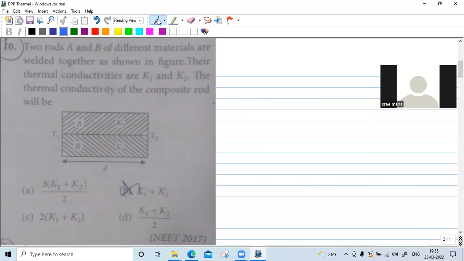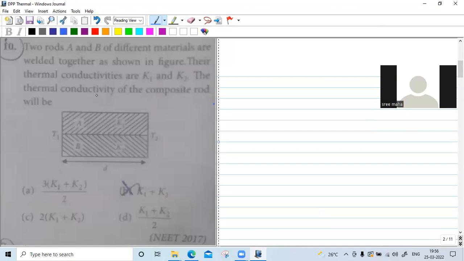There are two ways the heat can flow. One, it can flow like this. This one. Just a minute. Sorry, I'm studying somewhere else.